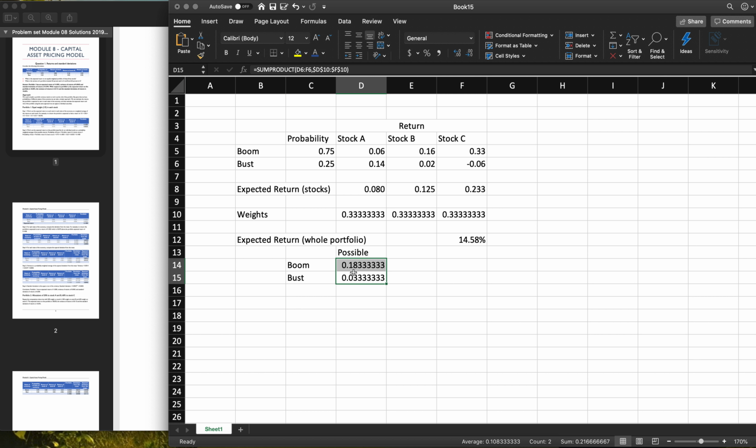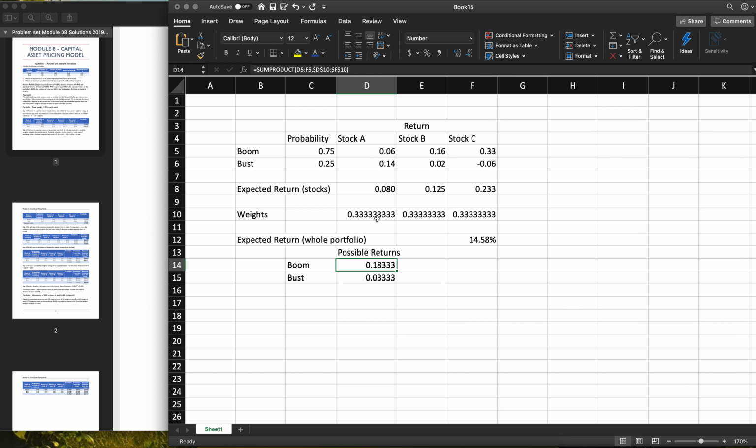And let me just get rid of a few decimal places. I'll make that a little bigger. So we have 2 possible returns. We either make 18% by having a boom happen, or we make 3% by having a bust happen. Let's get the deviation from the mean.